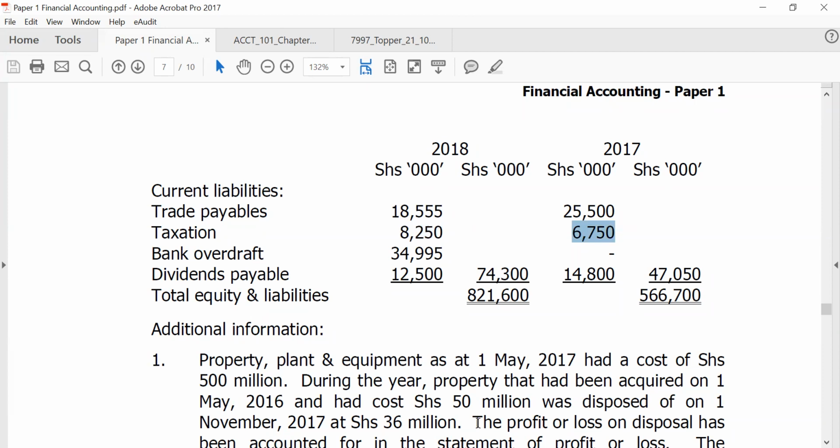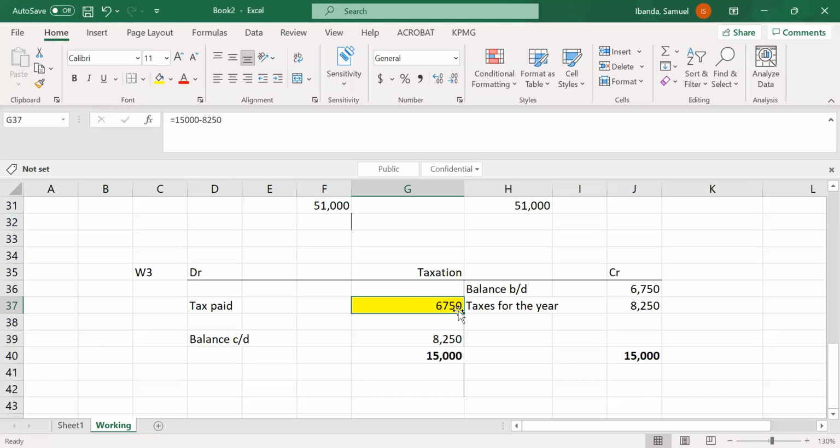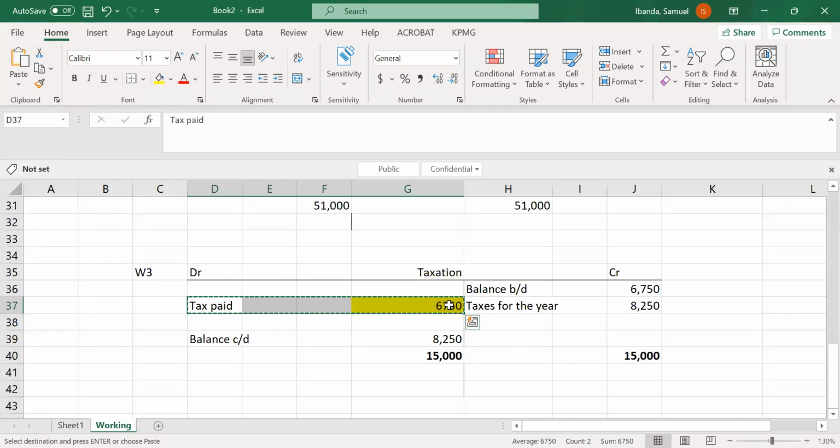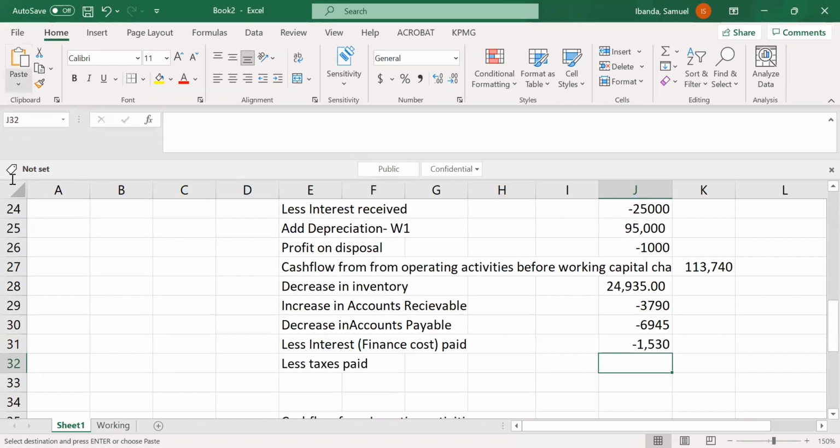That is why in our calculation here, we've been able to determine the 6,750 as what was actually paid during the year. So this tax paid, you now bring it to your cash flow statement. It's also a cash outflow. So this is 6,750. You bring it here and put a negative on it.